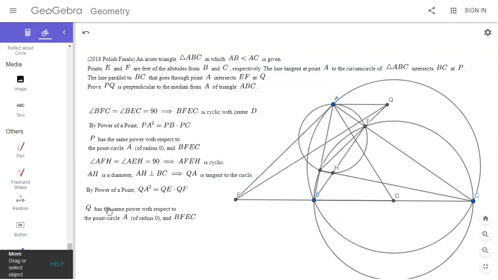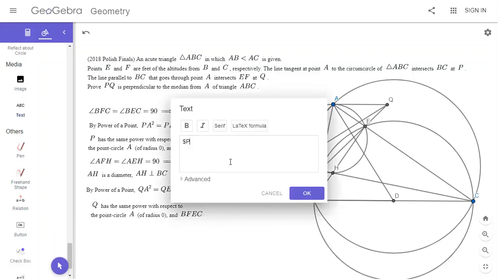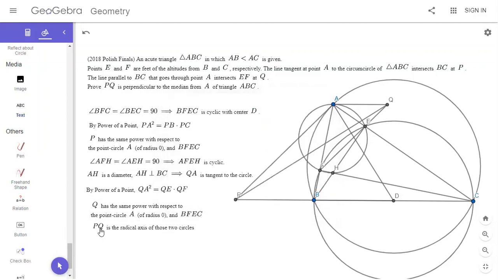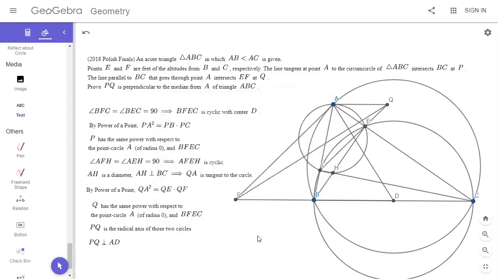All right, so PQ is the radical axis of those two circles. So it's perpendicular to the line joining their centers. So basically that means that PQ is perpendicular to AD. Isn't that a cool proof?